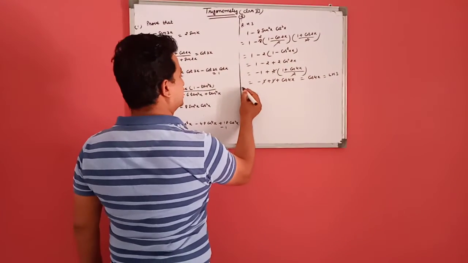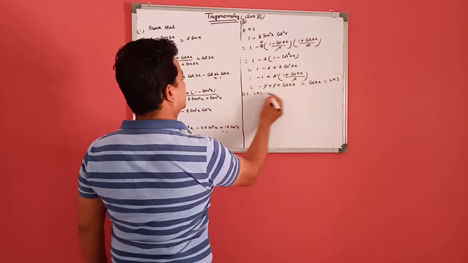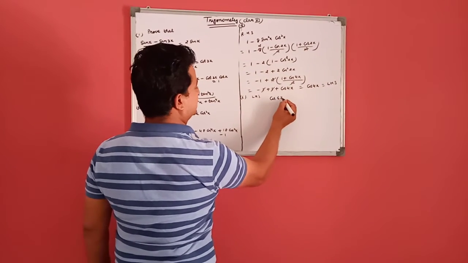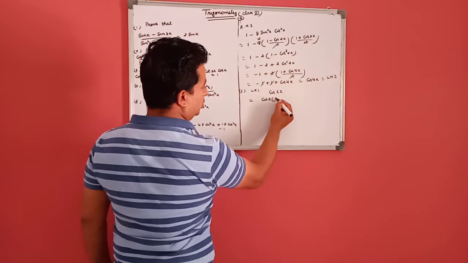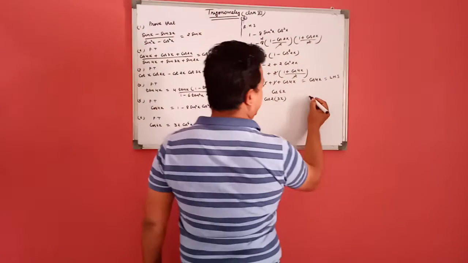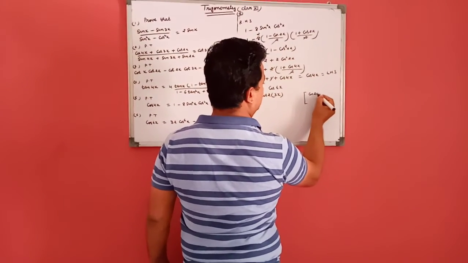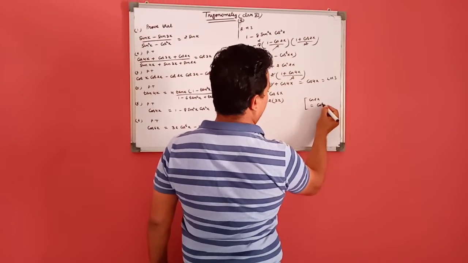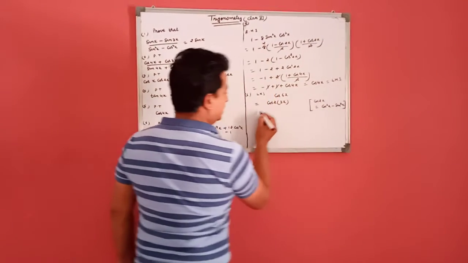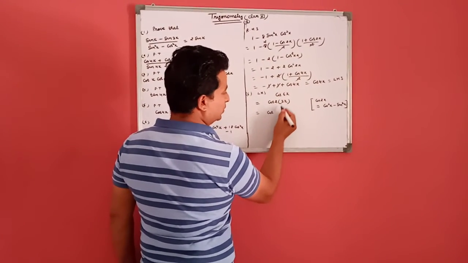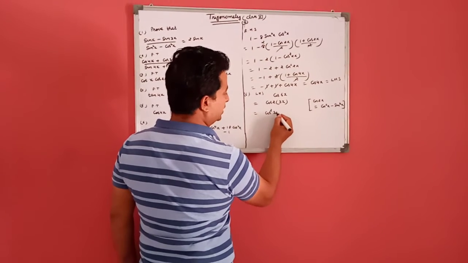In question number 6, the left hand side is cos 6x. We write this as cos 2 into 3x. As we know, cos 2x is equal to cos square x minus sin square x. When we apply this formula, we get cos square 3x.